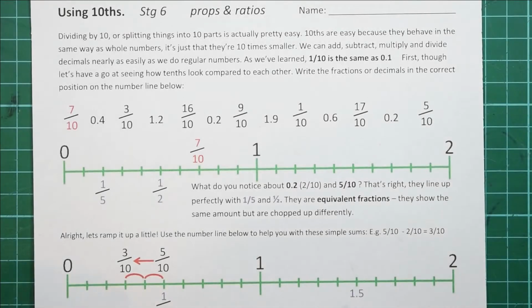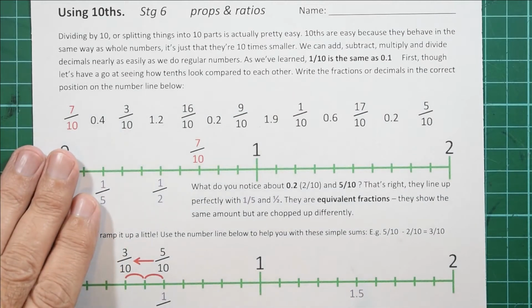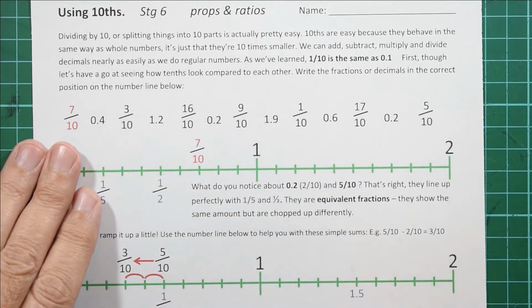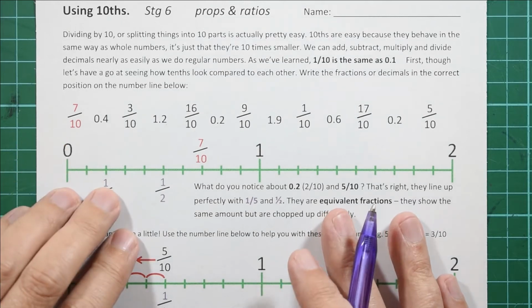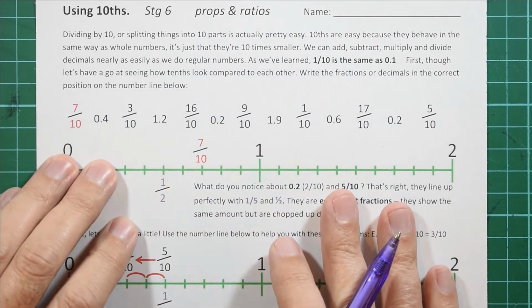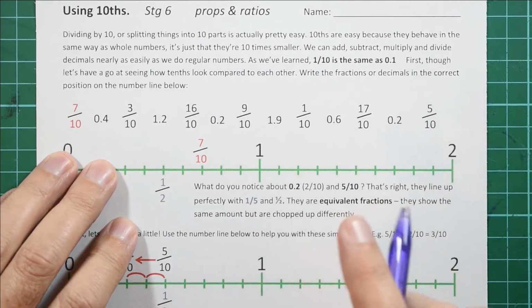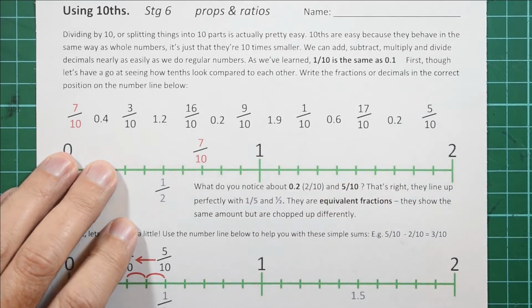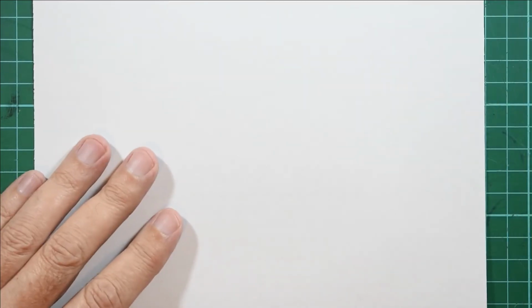In this next video about tenths, we're going to look at more about how they work and how the relationship between tenths and decimals works, and even percentages. So just very quickly, I'll jot down something for you to have a look at.